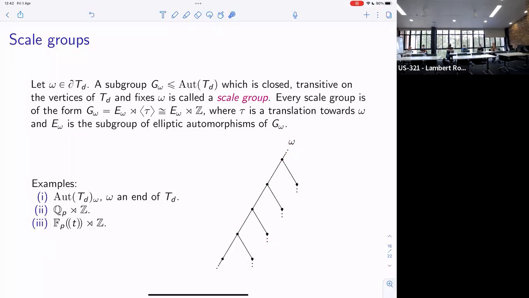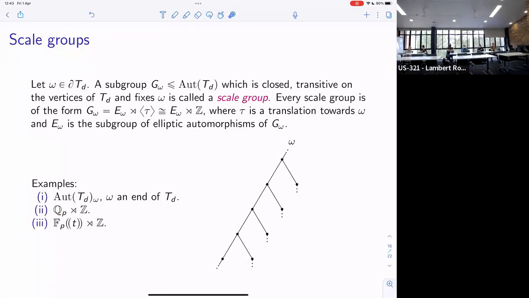Examples of star groups include, for instance, all the automorphisms of our tree that fix some end omega, which is the largest star group we have. But other non-obvious examples are the p-adic rationals semidirect with Z and the formal Laurent series semidirect with Z that I mentioned earlier in the talk. The Z actions here are given by multiplication by p and multiplication by t.